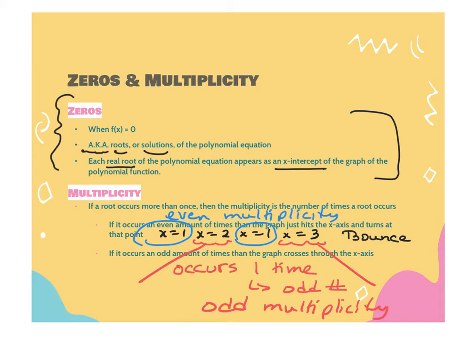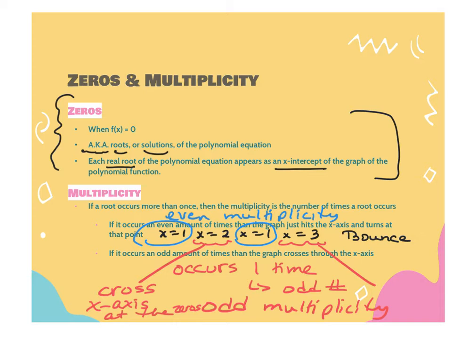Again, when I graph it, it's going to come in and touch the x-axis at x equals 1, but it's not going to go through the x-axis. It's going to touch it, and then turn away. However, for the odd multiplicities, it's actually going to cross. So for these odd ones that occurred only one time, it's going to cross the x-axis at those zeros. And we're going to see what this means in the next example.